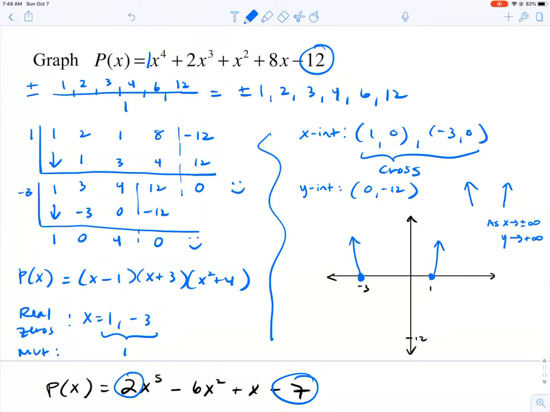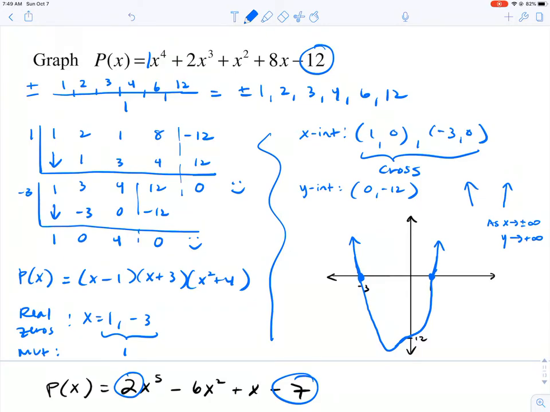Now here's the thing, we don't know what happens down here. It could just curve down and look almost like a parabola. It could kind of have some extra curves. You will not know without calculus what really happens beneath the x-axis in this case.